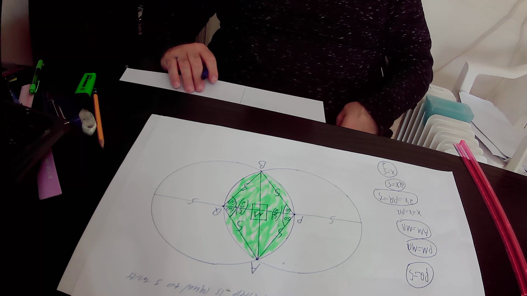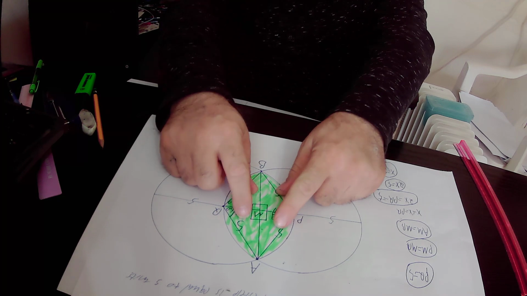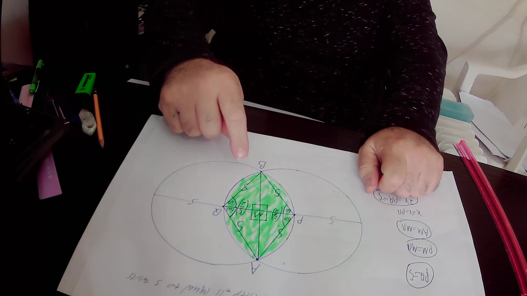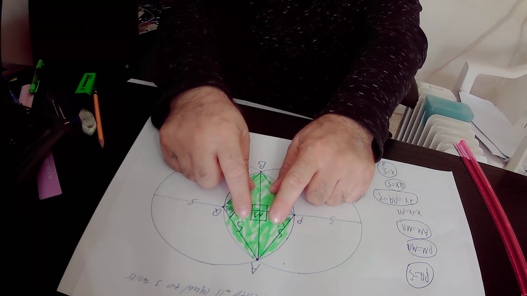Okay, so in the next step, we will focus on those two right triangles, triangle APB and triangle AQB, and we will prove that those two triangles can go into each other.